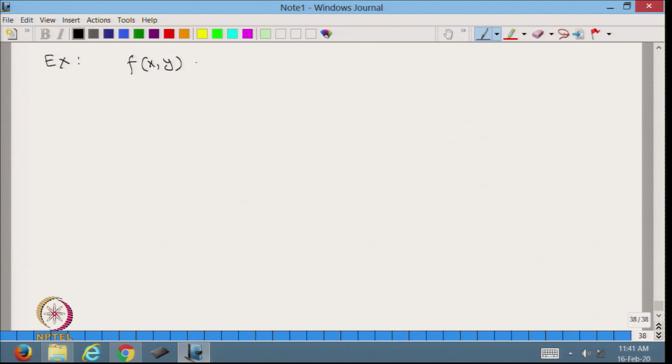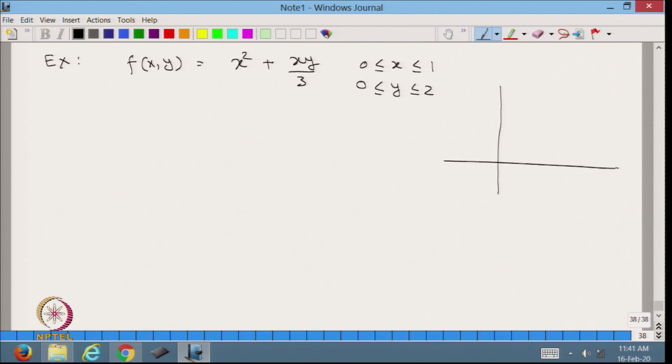f(x, y) is equal to x square plus xy upon 3 when 0 less than or equal to x less than or equal to 1 and 0 less than or equal to y less than or equal to 2. That is, if this is the 2D plane and we have 0 and 1 on the x axis here and 0 and 2 on the y axis here, therefore, the omega is the points in this rectangle.